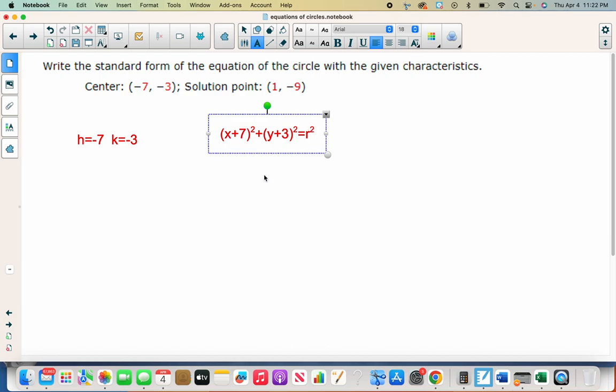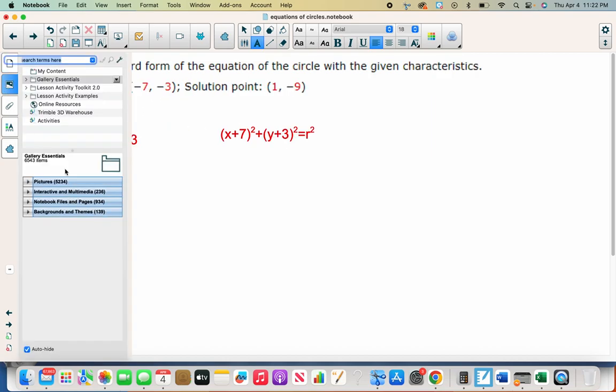I don't know what r is. So maybe if it was multiple choice and then you graph this and you can kind of estimate, you can eliminate. Maybe the answers are pretty easy to eliminate. So let's look at a graph really quick.